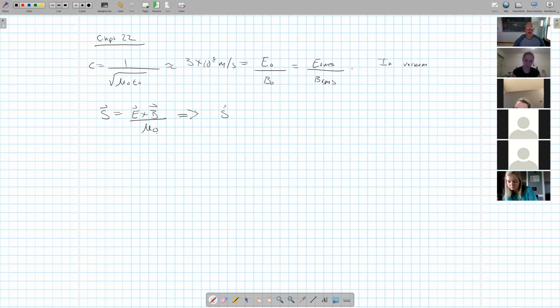All right, so now we can go to chapter 23. So in chapter 23, what did we see? What do we do first? Mirrors. We did the mirror equation, which is actually the same thing as the thin lens equation, which says 1 over the object distance plus 1 over the image distance is equal to 1 over the focal length.